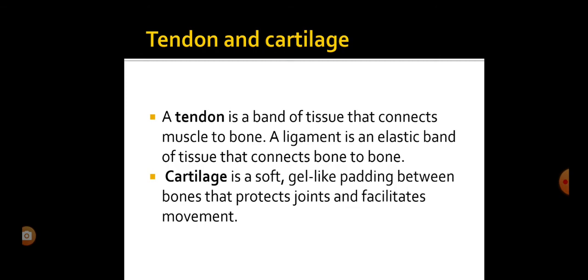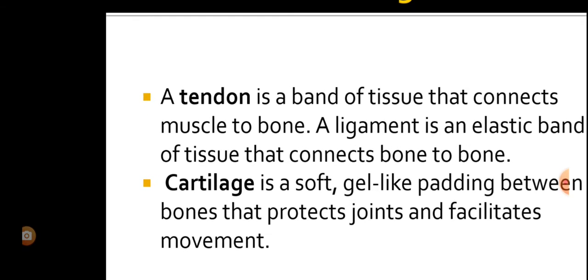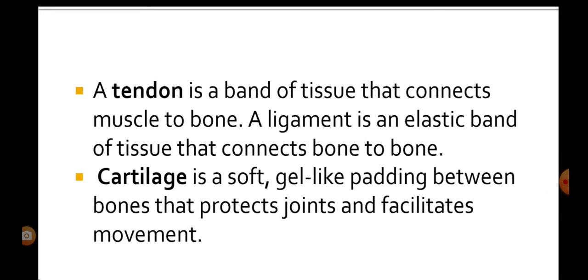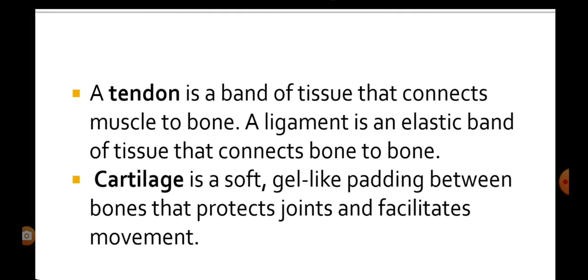Next are cartilage, tendons and ligaments. These are some special types of tissues that are attached either with muscle or with bones. So let's see what a tendon is. A tendon is a band of tissue that connects muscle to bones. As you know, bones are connected with muscles and this helps in our movement.